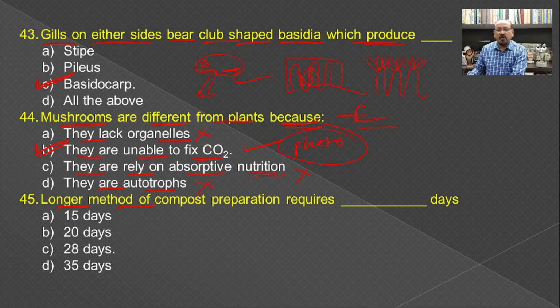Longer method of compost preparation requires: earlier we have seen that 14 to 18 days are required for the short method of compost preparation, and 28 to 30 days are required for the long method.